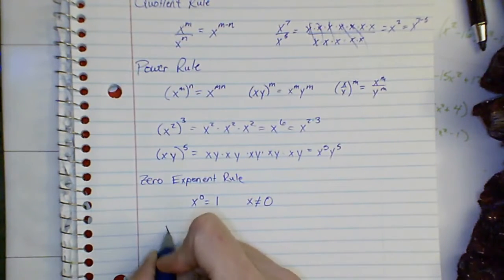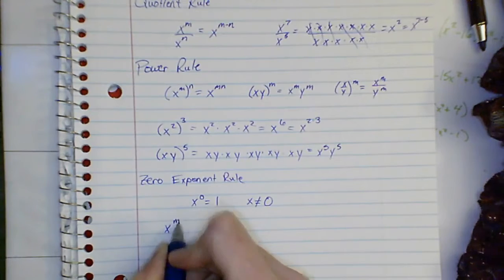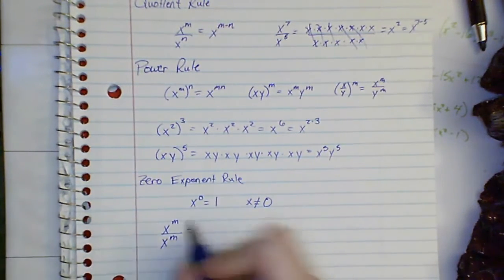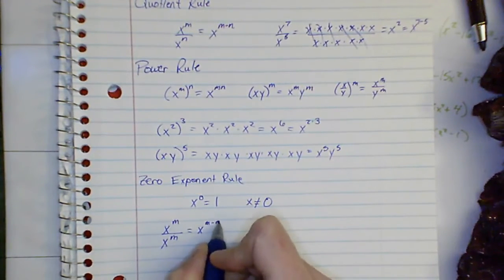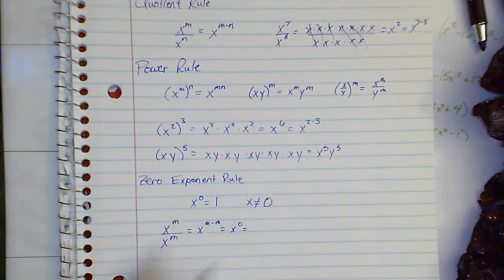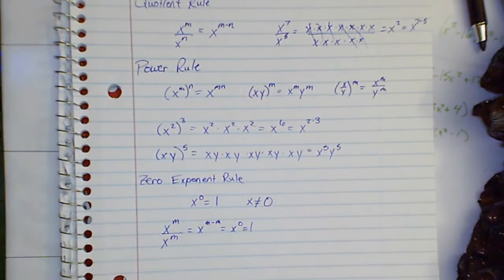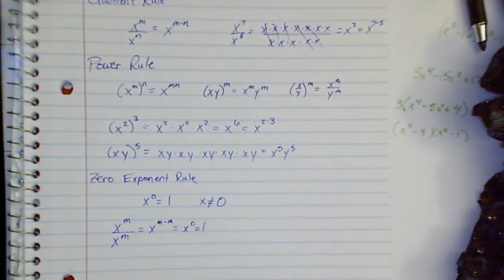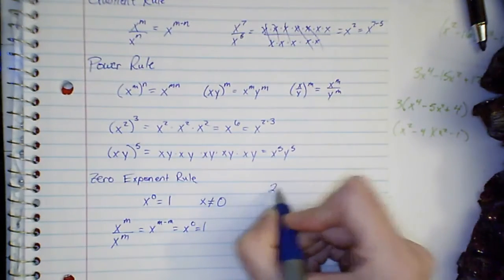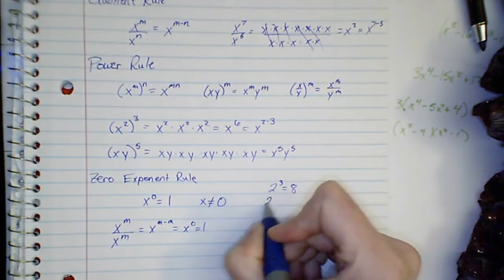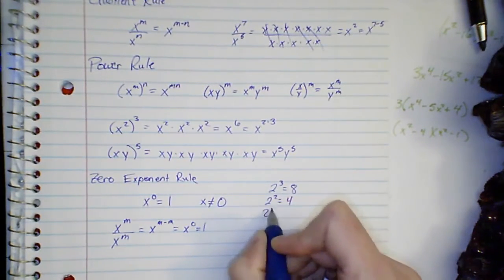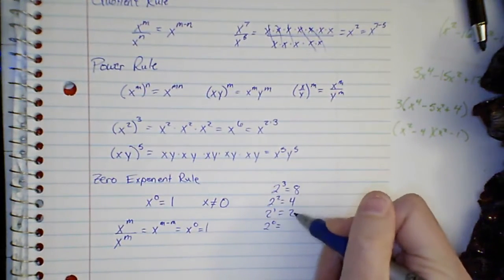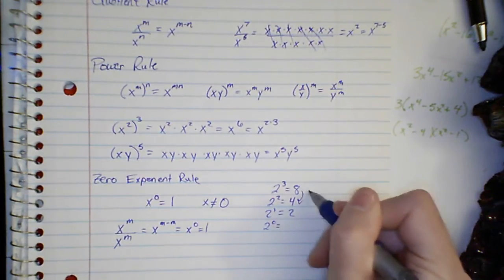If you have x to the m power over x to the m power, and you go back to the quotient rule, that's x to the m minus m, that's x to the 0, or they cancel out, leaving us with 1. The other proof I would like to show you, and you can do this with any number: if we have 2 to the third, that's 8, 2 to the second, that's 4, 2 to the first, that's 2, 2 to the 0 power, well, each time we stepped down, we divided by 2.